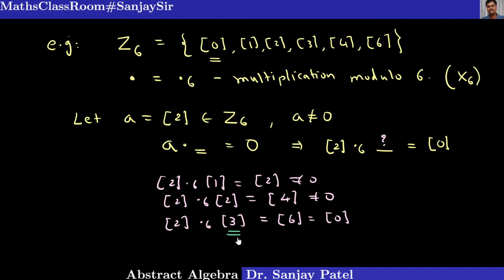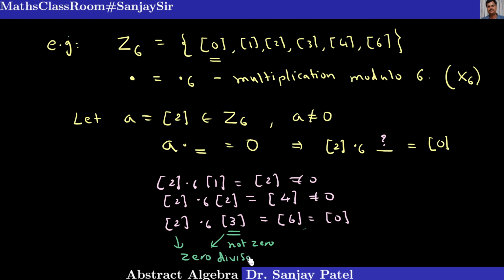So for this element which is not equal to 0, this 3 is not equal to 0. So we have class 2 is a zero divisor, and 3 is also a zero divisor. So both are zero divisors.